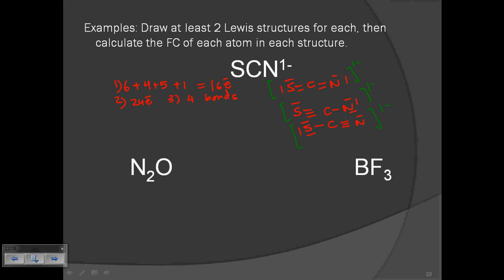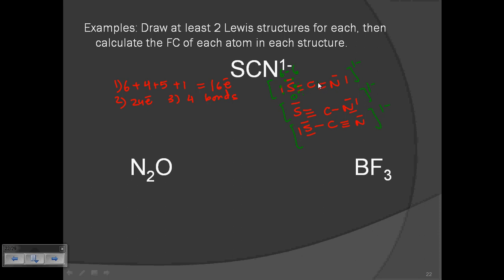Now let's look at the formal charges of each. Sulfur in its atomic form has 6 valence electrons, so 6 minus, and how many has it been assigned in this structure? 1, 2, 1 lone pair, 3, 4, and half of the bonded pair, right? So 1 and 1, so 6 minus 6, 0.